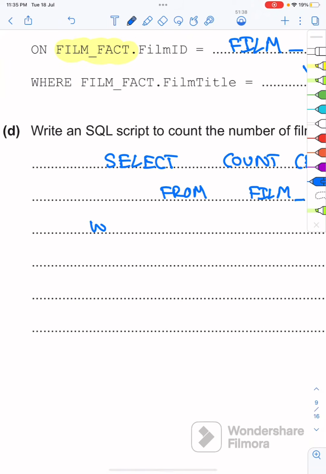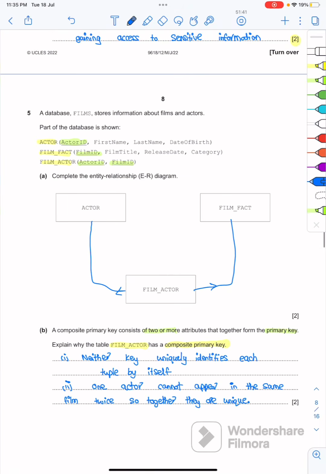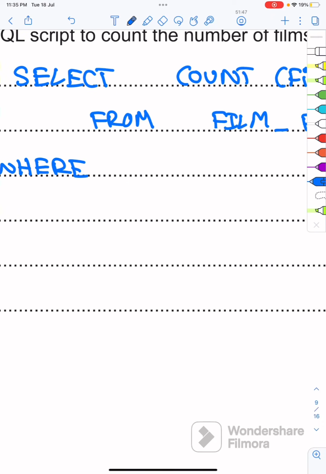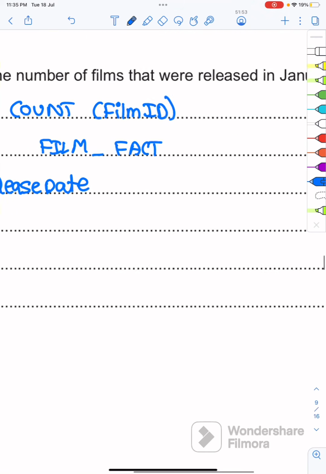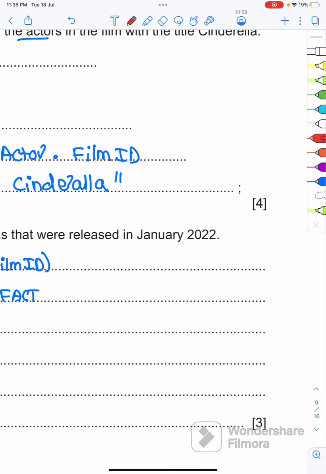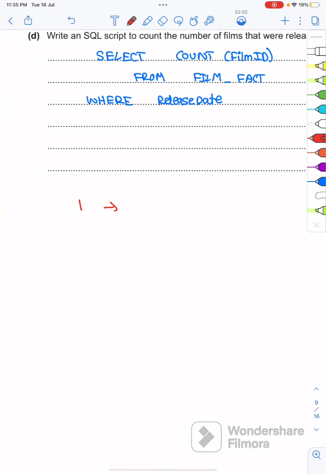So where, now release date is a field, pardon me, the name of a field. January is obviously, as we know, a 31 day month, right? So you start from the 1st and you end on the 31st, and the 1st and 31st are also there.